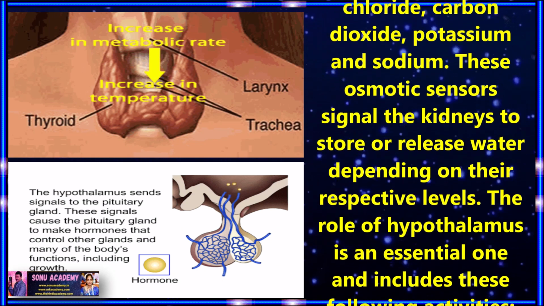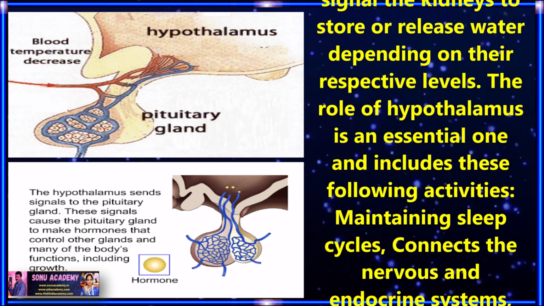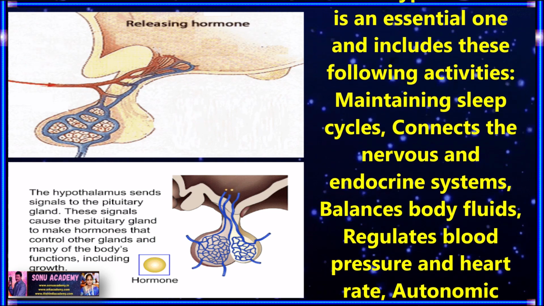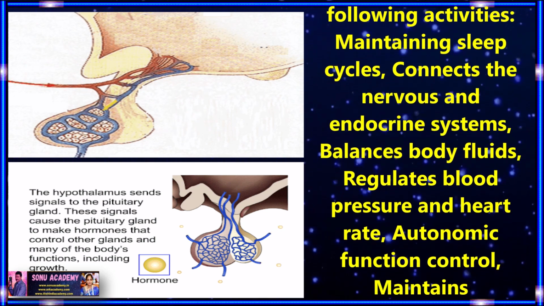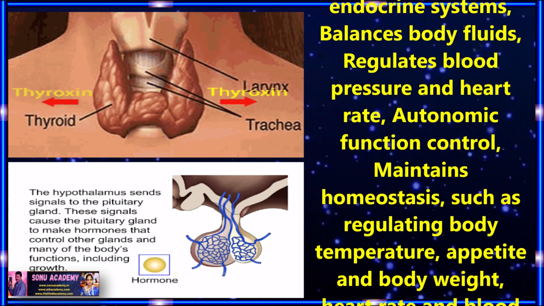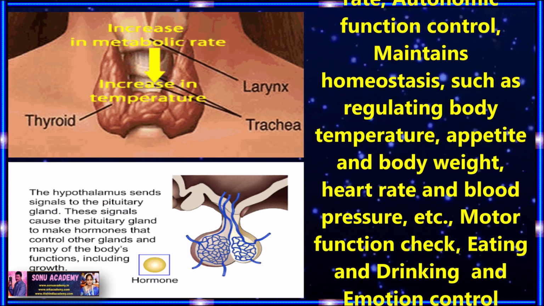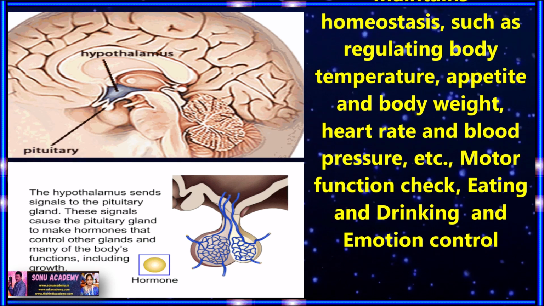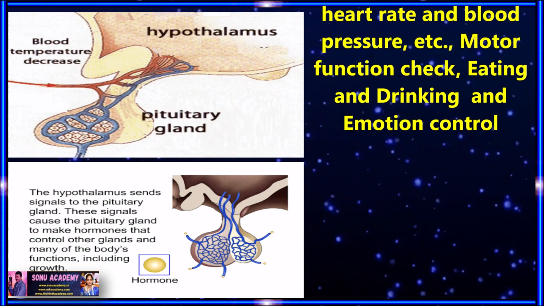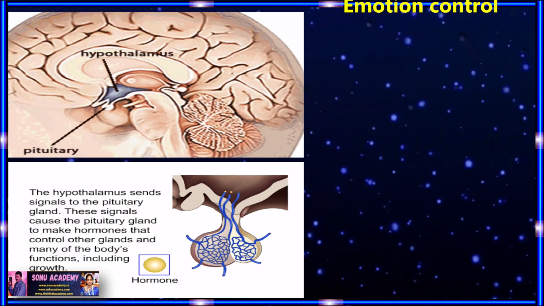The role of the hypothalamus is an essential one and includes these activities: maintaining sleep cycles, connecting the nervous and endocrine systems, balancing body fluids, regulating blood pressure and heart rate, autonomic function control, and maintaining homeostasis such as regulating body temperature, appetite and body weight, heart rate and blood pressure. Also motor function checks, eating and drinking, and emotion control. These are a few of the activities done by the hypothalamus.